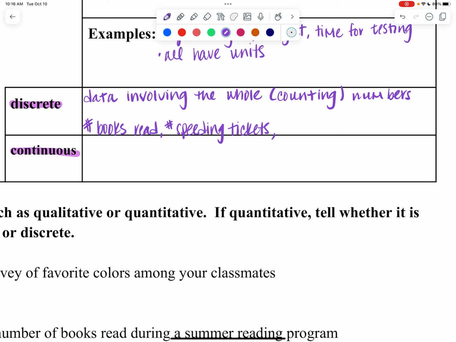You could have number of people. These are things that you would not use fractions or decimals to measure. So that is a big quality right there. No fractions or decimals.